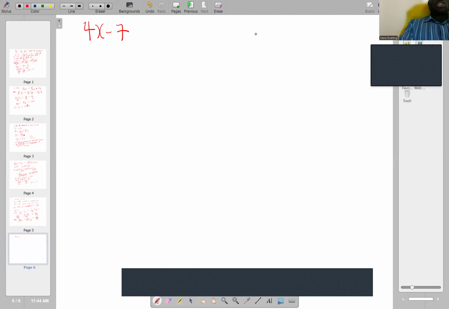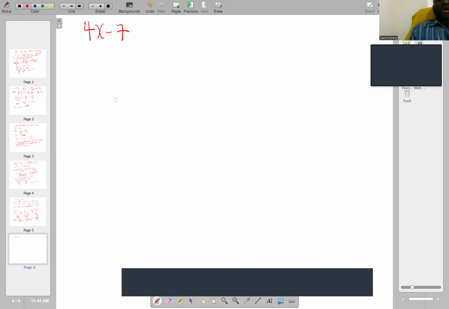Let us solve this equation and see what we get. So 4x minus 7 is equal to, let's expand the parentheses, 4 times x is 4x, 4 times negative 1 is negative 4, plus 3. If we group the x's on one side, we have 4x minus 4x is equal to negative 4 plus 3 plus 7.